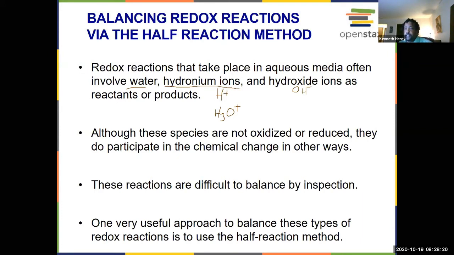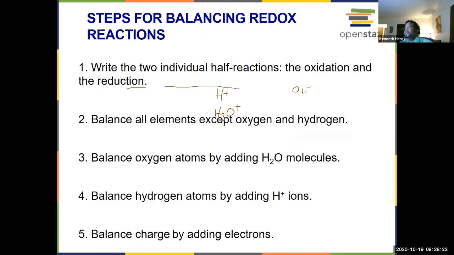Let's talk about this. I'll give you the steps, make sure you get them down, and then we'll start with an equation. The first thing you want to do is split the reaction into an oxidation and a reduction reaction. Then make sure that all of the elements except for oxygen and hydrogen are balanced.